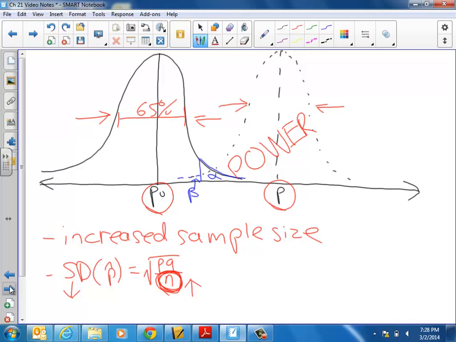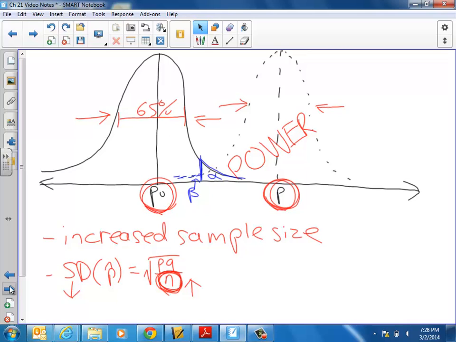When you set your alpha threshold at, let's say, again, 5%, because both bell curves have shrunk, the probability of a type 2 error, that you would falsely accept the null hypothesis proportion when it is not true and there's another population proportion out there that is true, drops because the bell curves have narrowed.